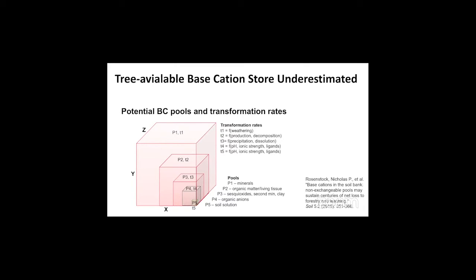And a study that was done in our project and other studies that have been published recently show that those trees do appear to have access to stores that are not accounted for in current estimates of the supply that is there. Of course, the amount of base cations in the soils will decrease when the critical loads are exceeded. But when those decreases in the store become critical for the tree's survival, or their health, that is another issue.